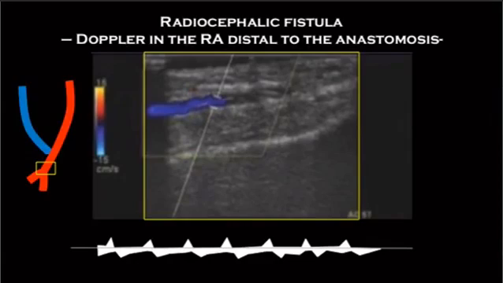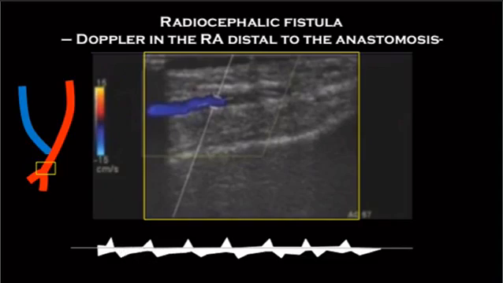All right, so not done with this yet. Let's talk more about Steal syndrome. This is typically the Doppler that you'll see, and you're Dopplering in the radial artery distal to the anastomosis, so along this yellow box to yellow box here. What you're seeing is the flow is antegrade during systole, and it's retrograde during diastole. That's sort of classic.